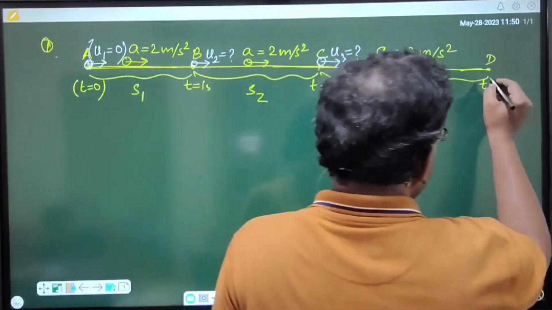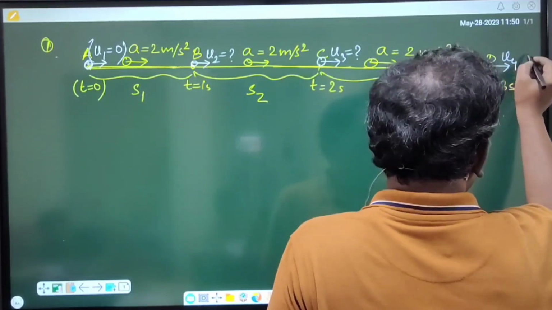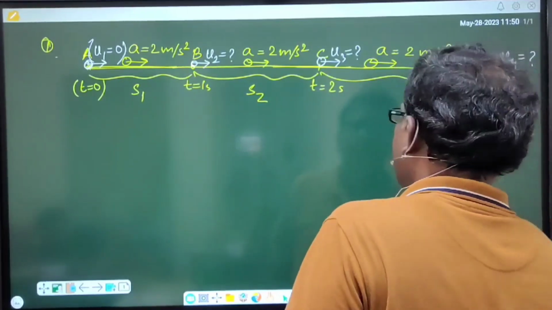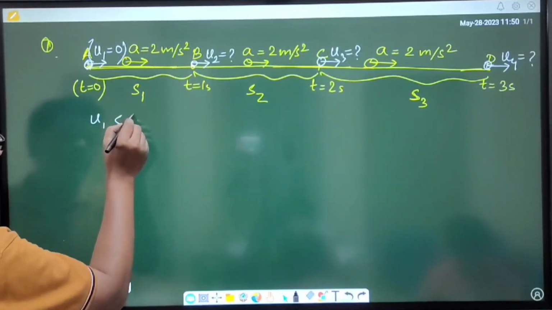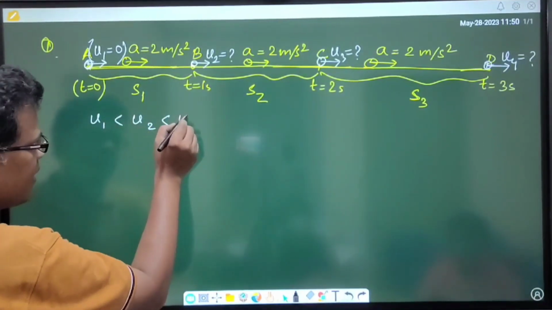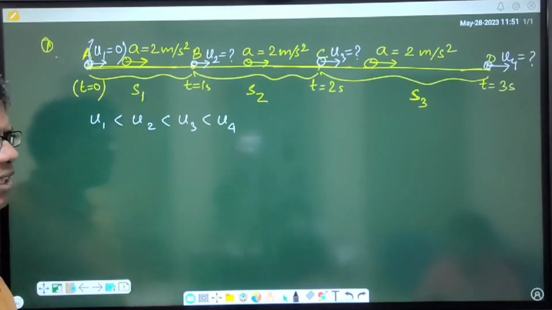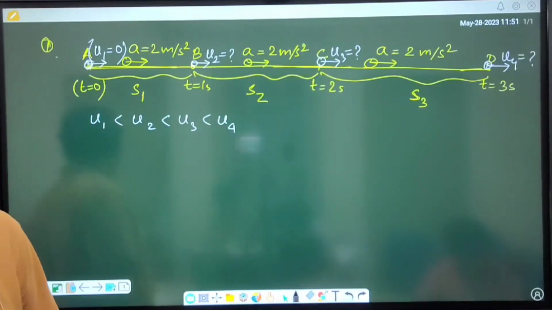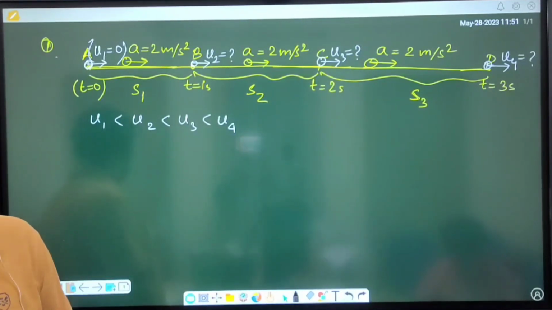And finally at D, it has some velocity u4, which is further greater than u3. So we can say u1 is less than u2, which is less than u3, less than u4. We can relate the velocities at these 4 instants: 0 second, 1 second, 2 second and 3 second.